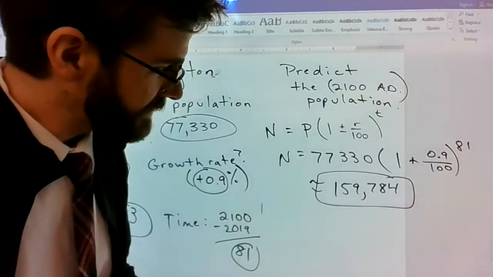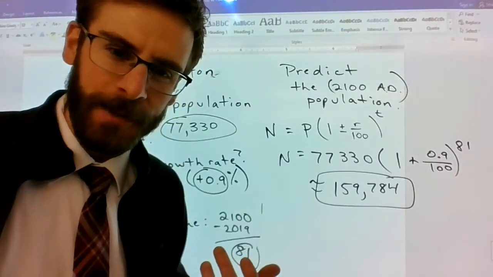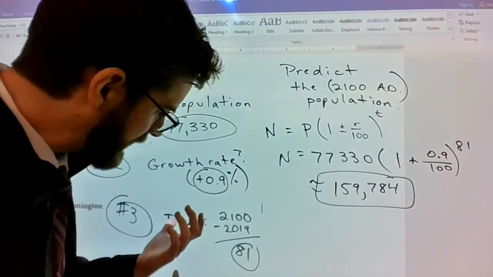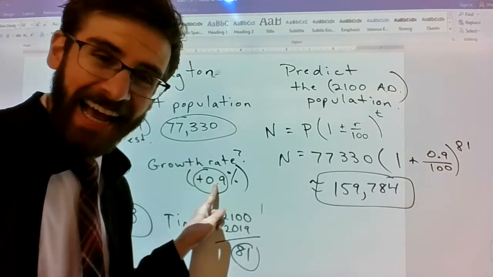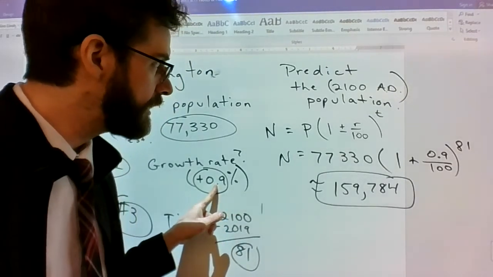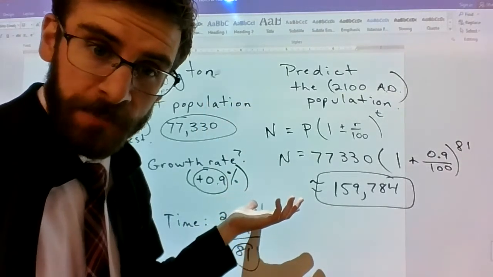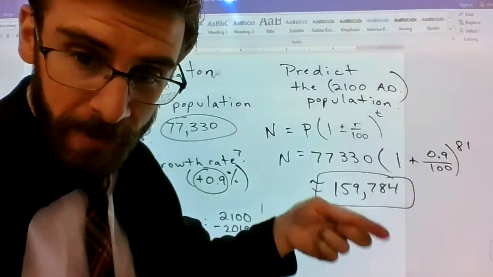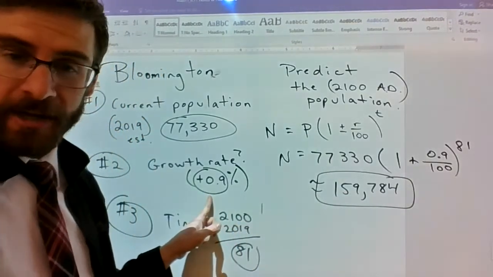This is amazing. You know why this is amazing? Because what it shows is that in 81 years, with just a tiny, teeny tiny constant growth rate, Bloomington Normal is going to double its population, and a little bit more, with just that growth rate.